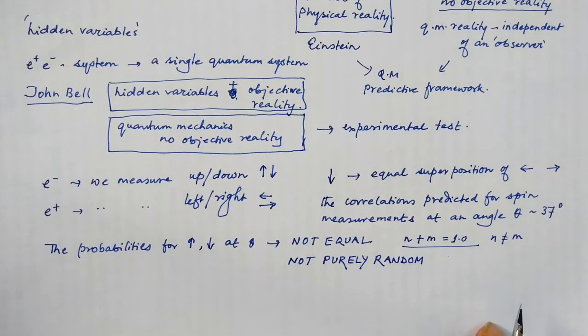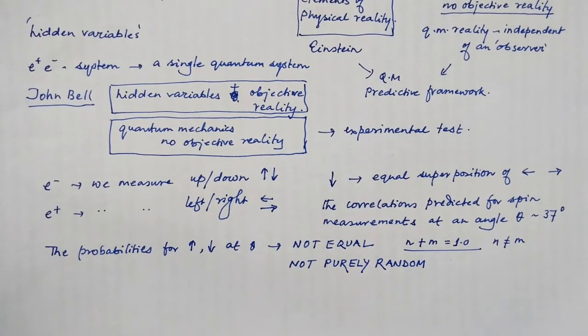And then Bell proved that the correlations predicted by quantum mechanics are greater than could be obtained from any local hidden variable theory.